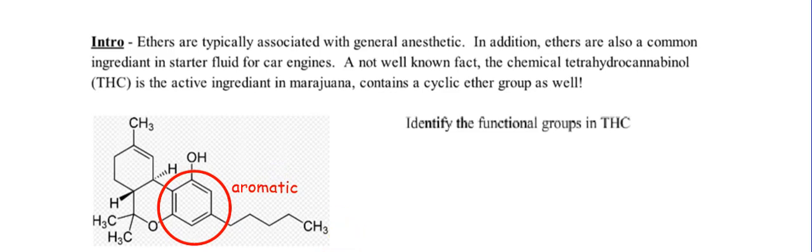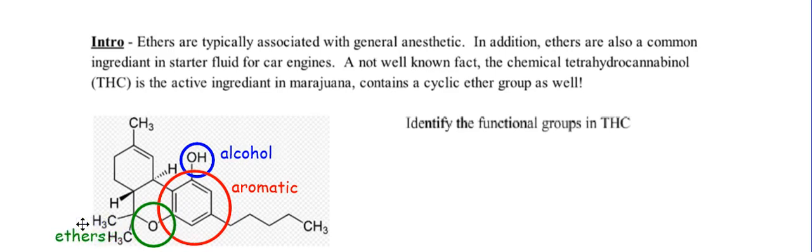Another one that we just learned is right here, and that's an alcohol. So if you put them together, you might call that a phenol. But there's one more out there. Well, we can call that an alkene, but I didn't include that. Is an ether. So the ether is right here. That is your ether group.